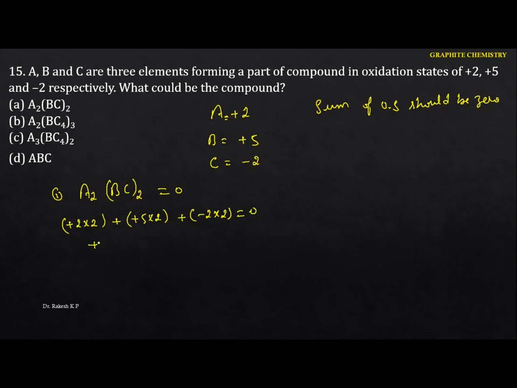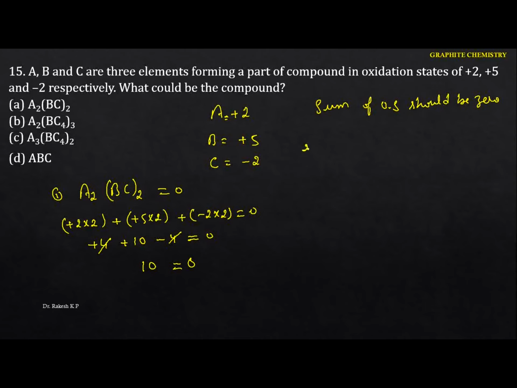So this becomes +4, +10, and -4. Here we get 10, so this value is not equal to 0. This concept you have to remember. That is the first one.